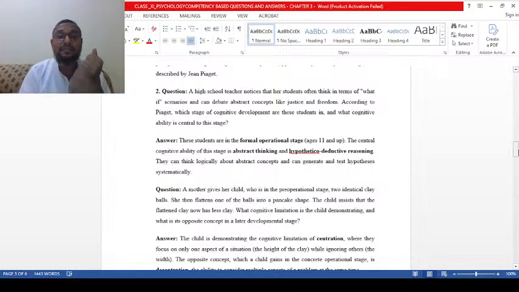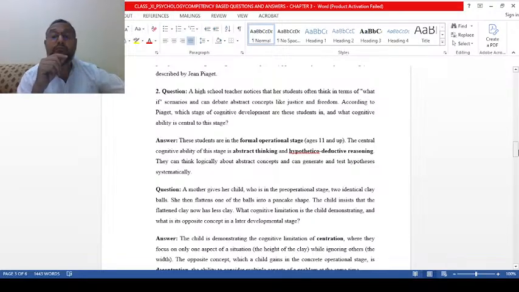According to Piaget, which stage of cognitive development are these students in? What cognitive ability is central to this stage? This is the formal operational period. The central cognitive ability of this stage is abstract thinking. Justice, freedom, these are all abstract concepts.